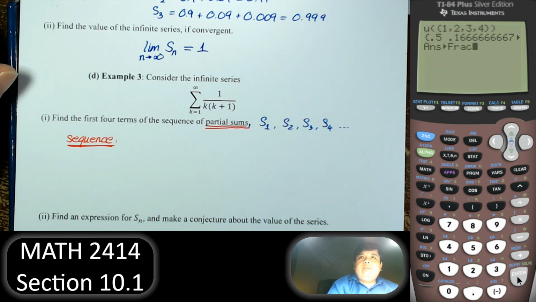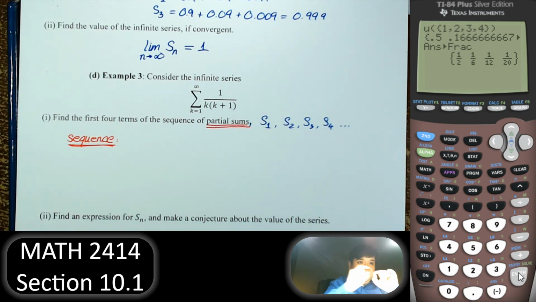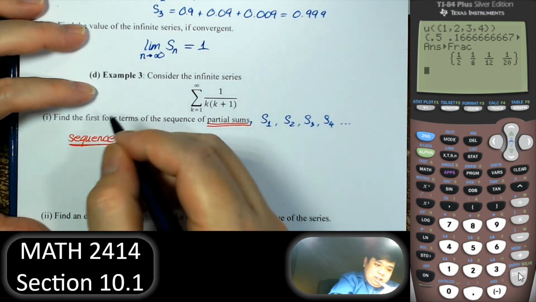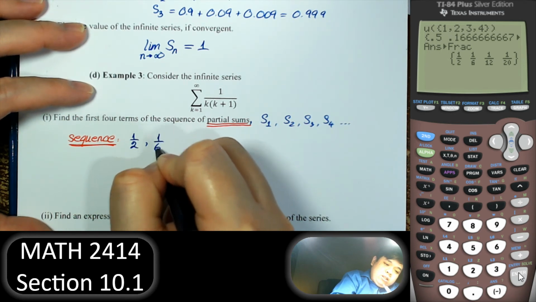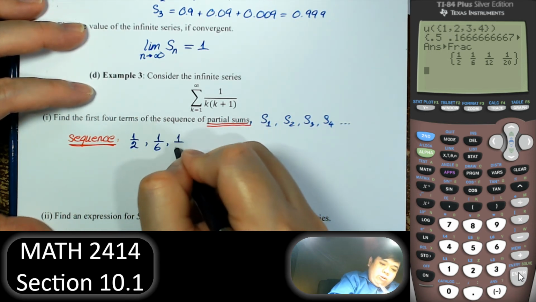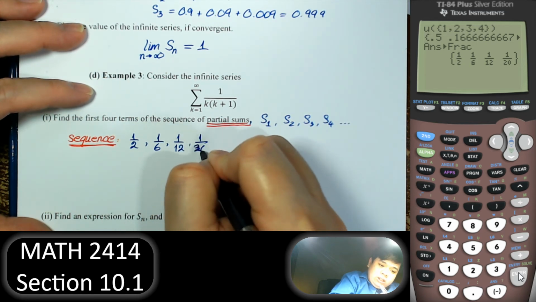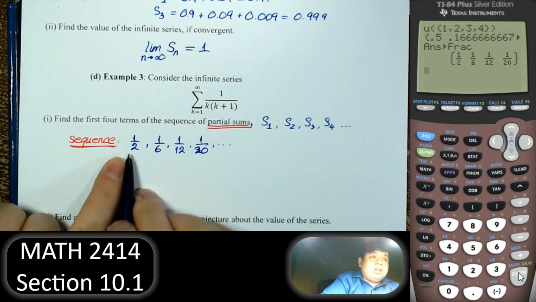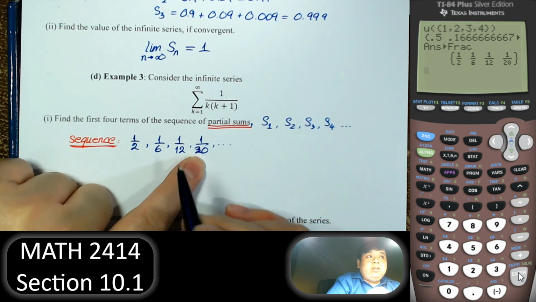Convert to fraction. So in terms of sequence, the individual terms are 1/2, 1/6, 1/12, 1/20, sorry. So this is 2 times 1, 2 times 3, 3 times 4, 4 times 5, and so on.